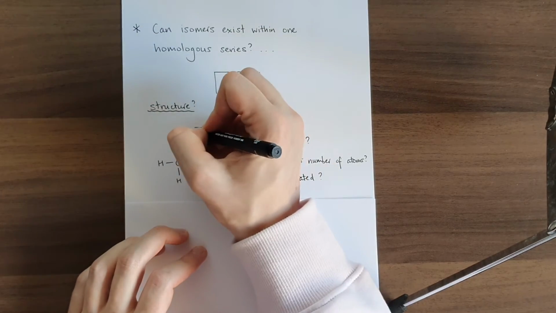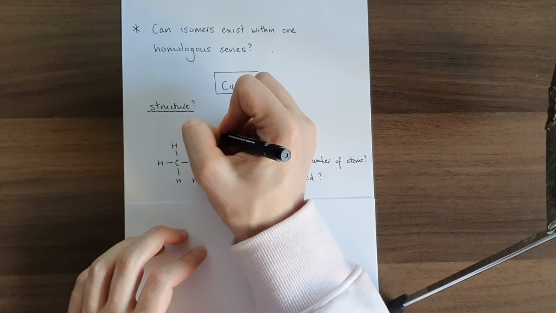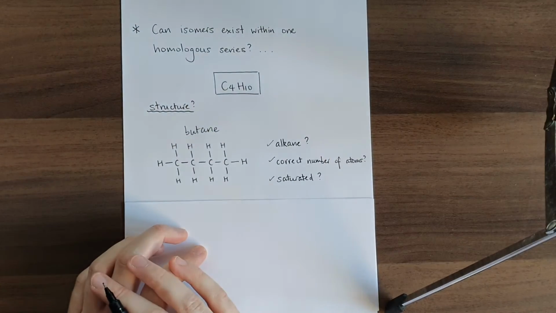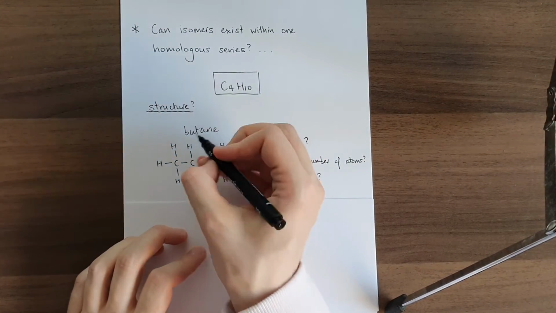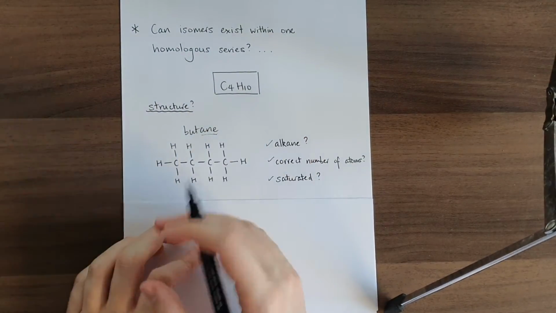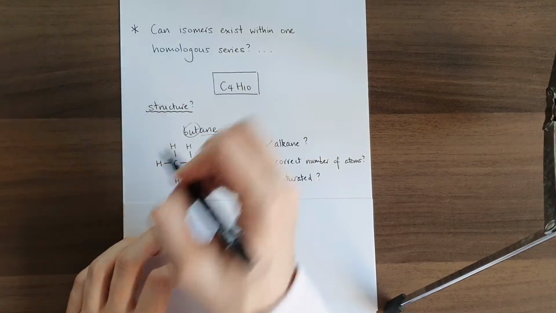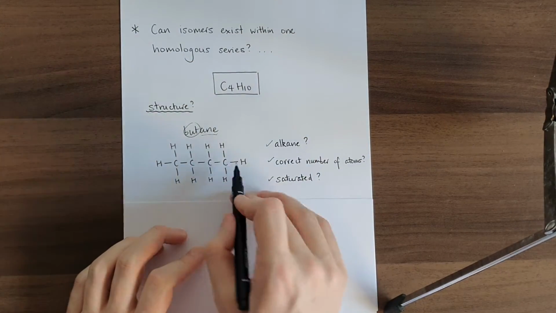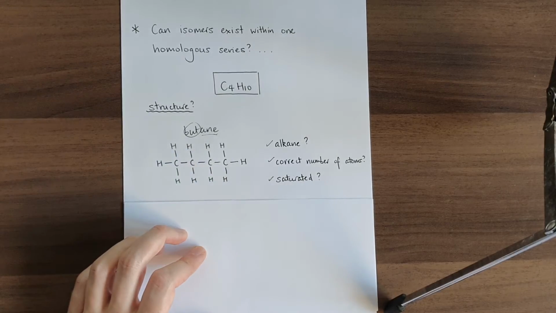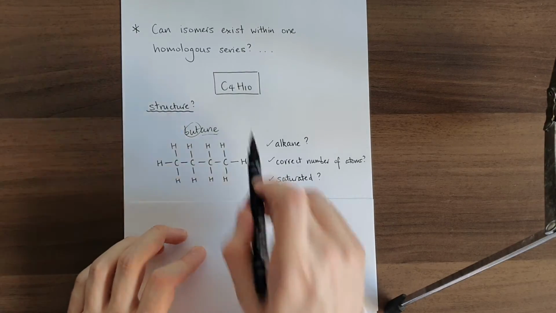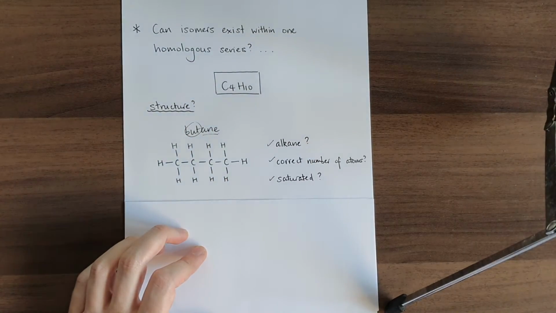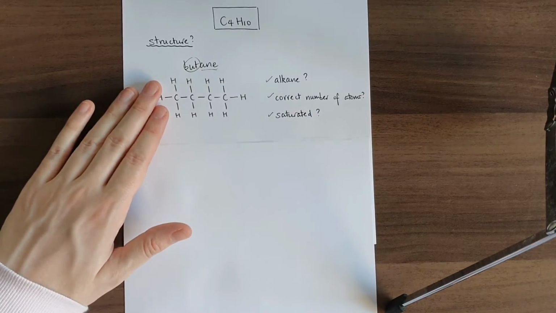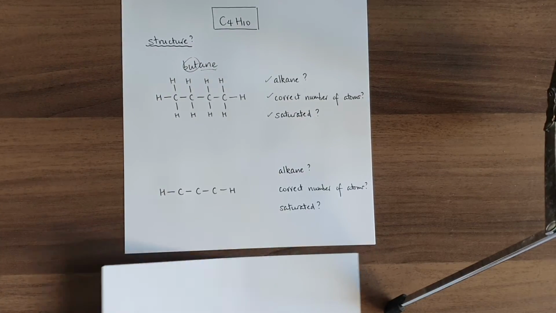And in fact, we know this to be butane, and it's ane because it is an alkane, which all end in ane, and we use the but prefix to show that we have 4 carbons. Great. Is that the only way that we can draw C4H10, however? Well, maybe not. Let's have a think here.